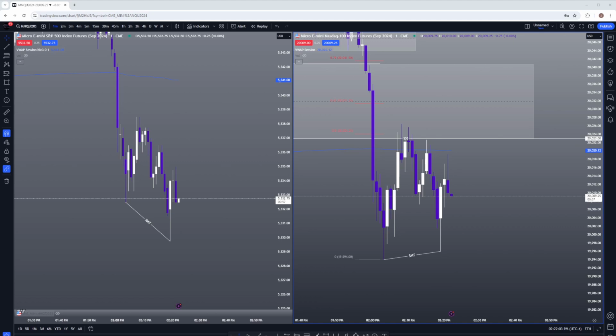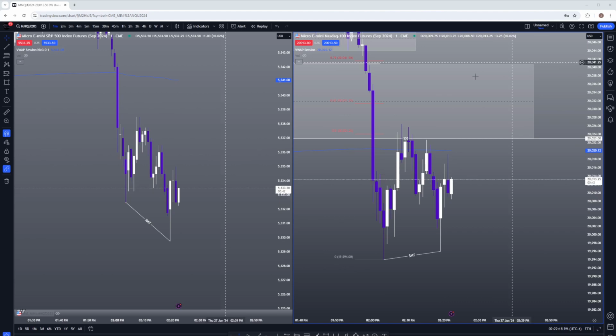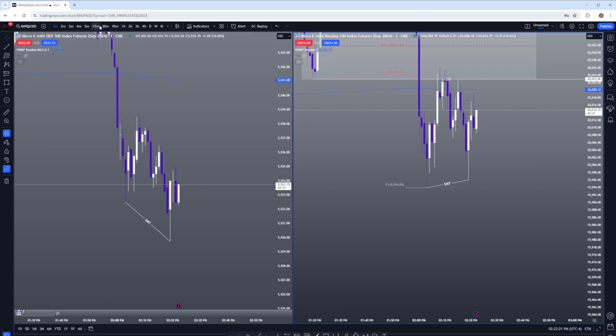But I don't like seeing that SMT and seeing us fail to take out the lows. That's what made me want to sell. Ultimately, I wanted to see if this trade would head down to our equal lows all the way down here on the 15-minute.